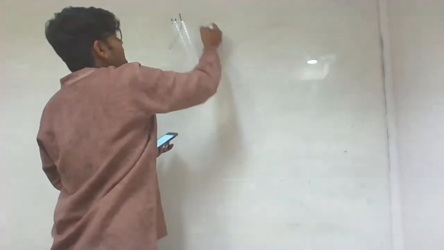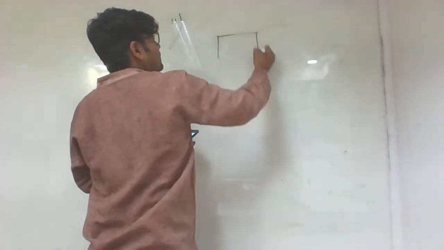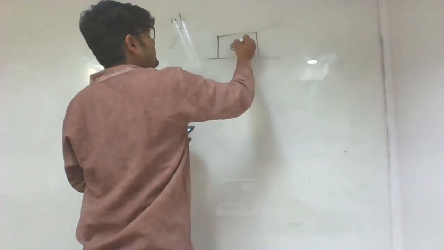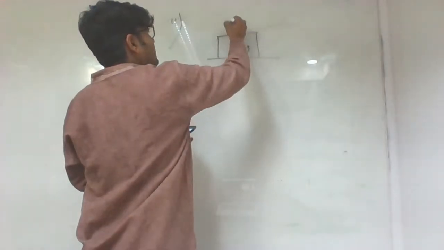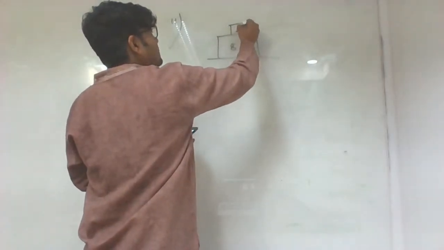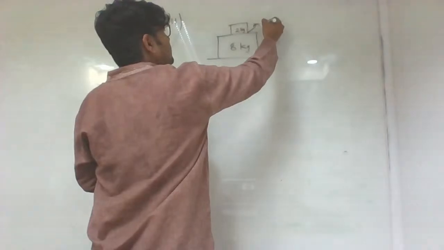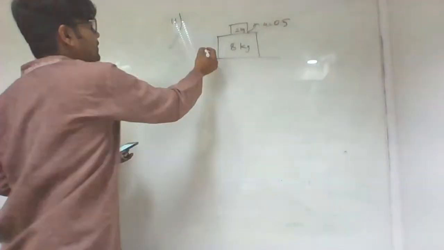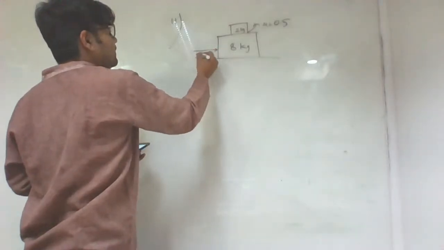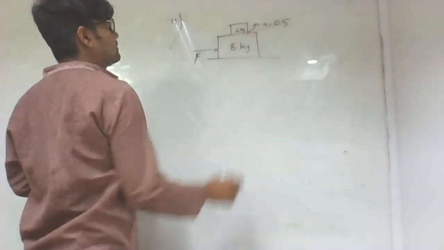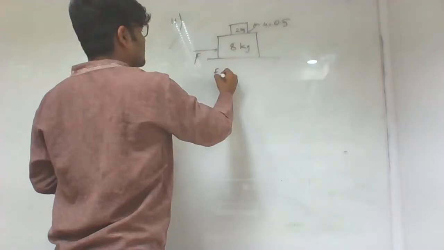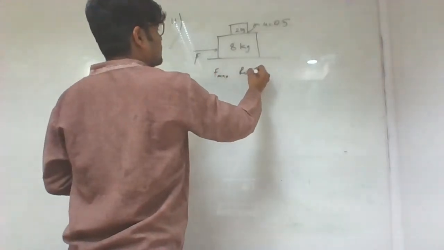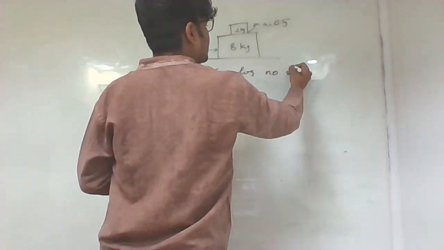Question number 11. So there are two blocks here, 8 kg and 2 kg, mu is equal to 0.5. Now if I apply a force F here, what should be the maximum force for no slipping?